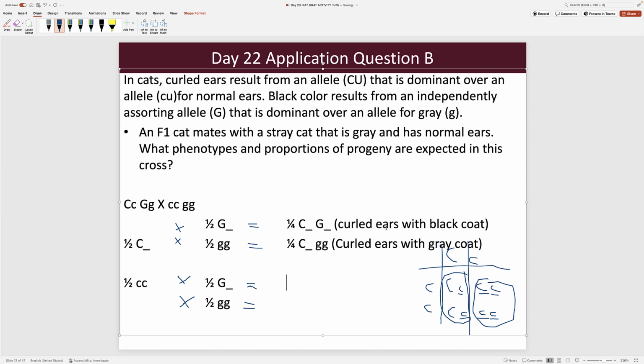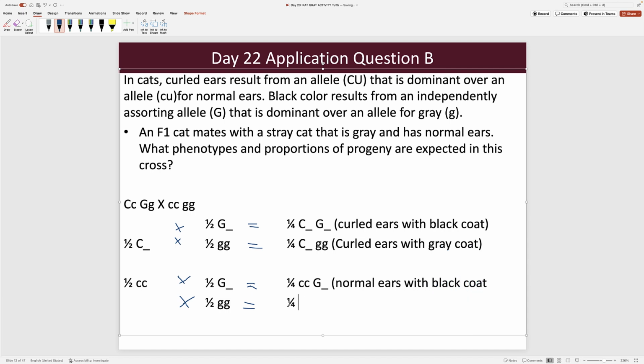We do the same on the bottom half here, 1/2 times 1/2, we get 1/4 that are little c, big G, or we could say normal ears with black coat. And the bottom one here, we go 1/2 times 1/2, we get 1/4 little c, little g. Or we could say normal ears with gray coat. So we end up with a 1:1:1:1 ratio here.